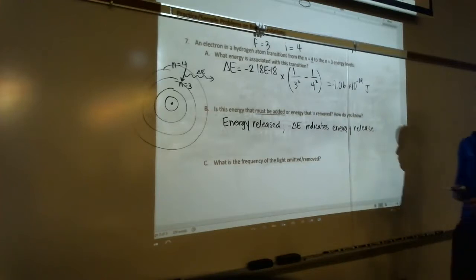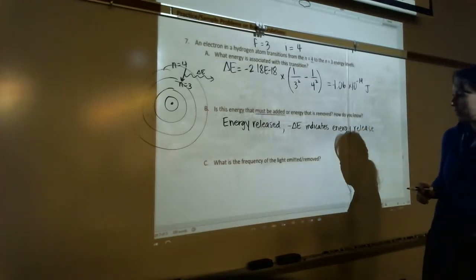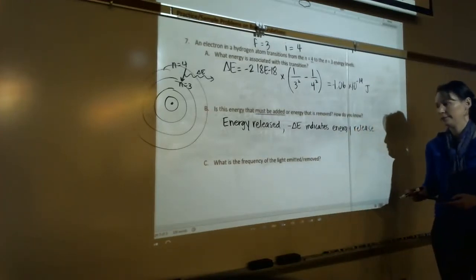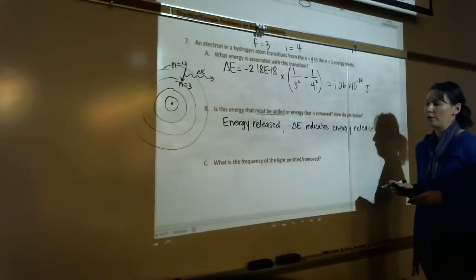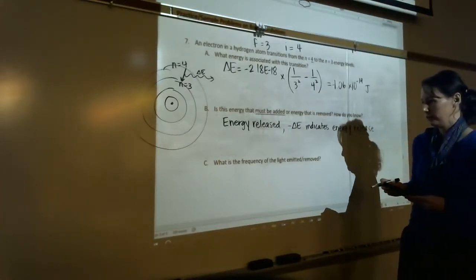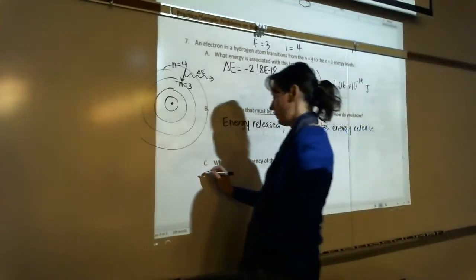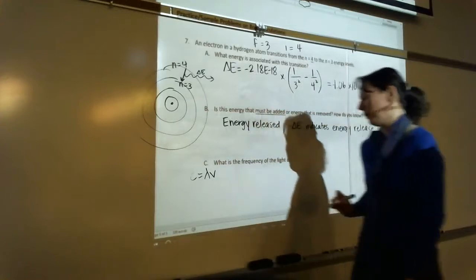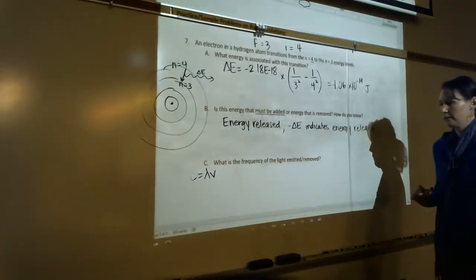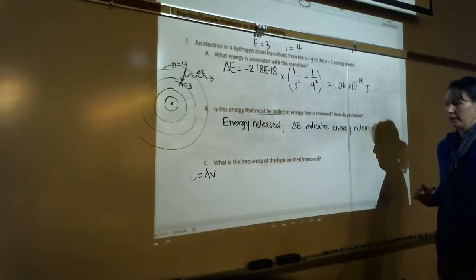All right, let's do part C. What is the frequency of that light? How will we solve that problem? First of all, let's revisit our formulas. Which formula involves frequency? So this one, c equals, that one, doesn't matter. Okay.